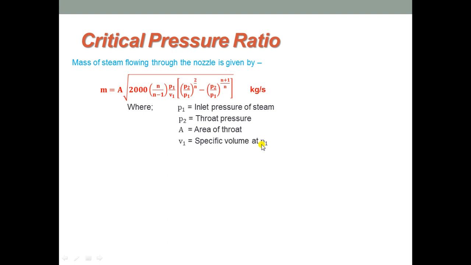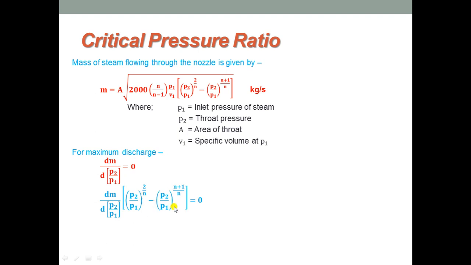For maximum discharge, we differentiate the mass flow rate with respect to the pressure ratio and equate it to 0. So we differentiate this expression and equate it with 0.